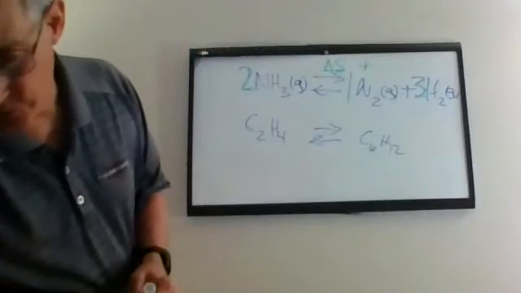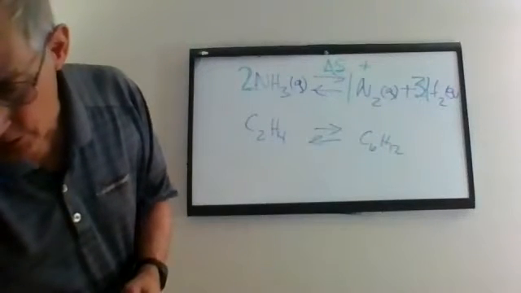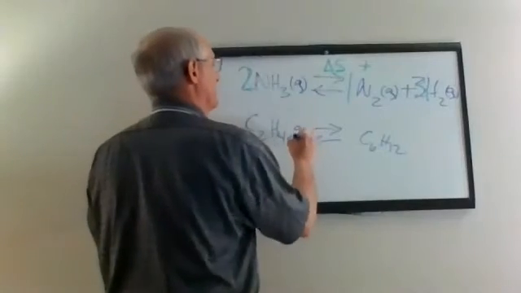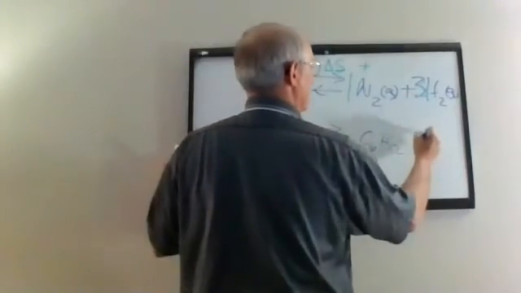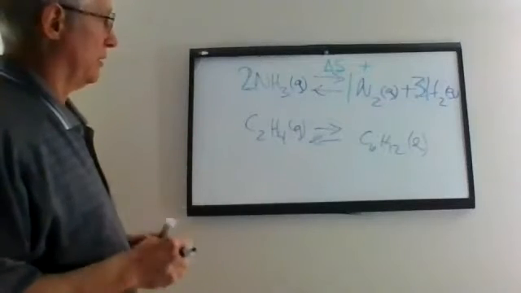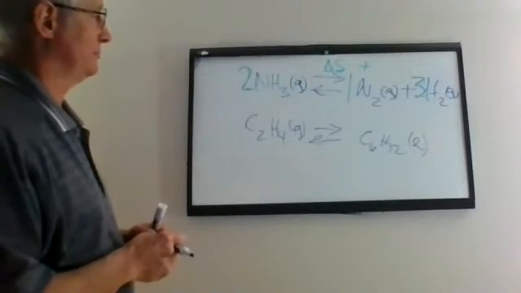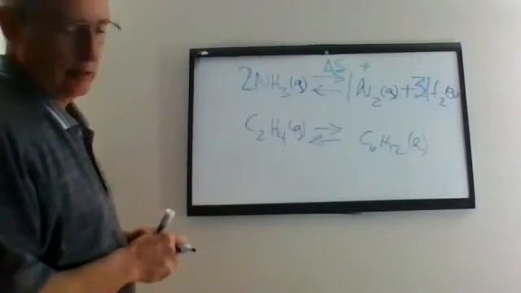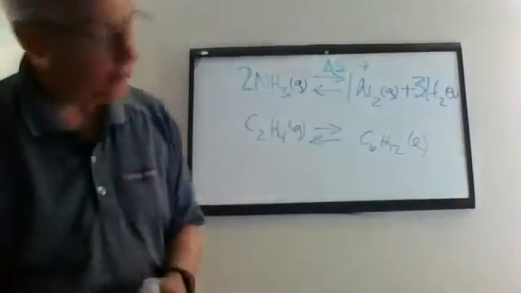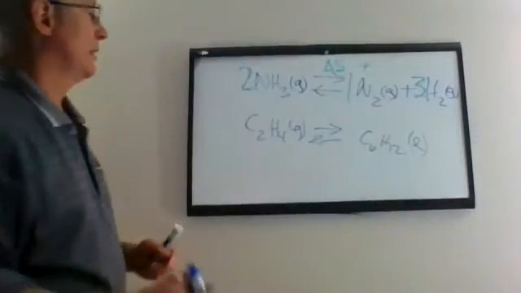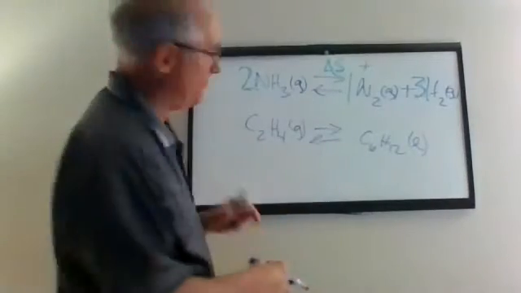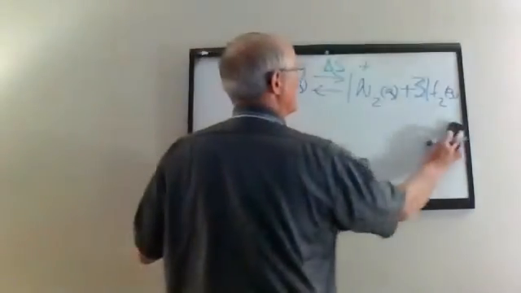And C2H4 is gas, and C6H12 is a liquid. Didn't they forget a reactant here? That seems odd. Anyway, the more random would be to the reverse direction because it's got the gases.